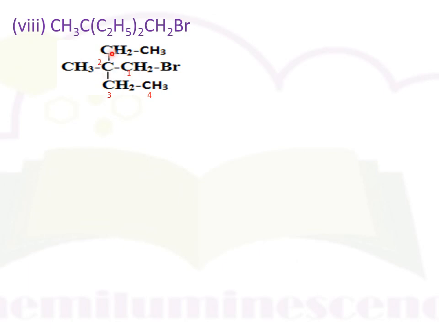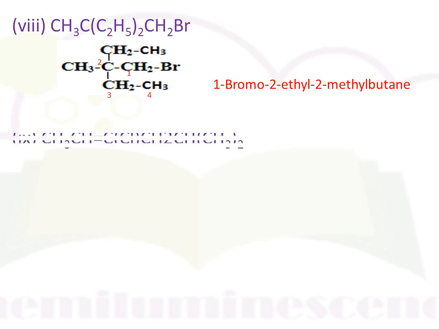At second carbon, 2 substituents are present. One is methyl, another one is ethyl. Alphabetically, ethyl comes first, methyl comes second. Hence their name is 2-ethyl, 2-methyl. And the parent chain is a 4 carbon chain, hence its name is butane. Therefore, the name of the compound is 1-bromo, 2-ethyl, 2-methyl, butane.